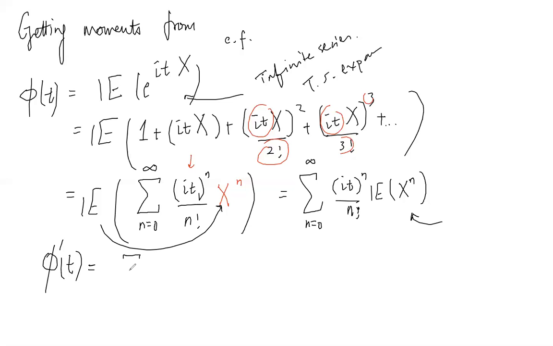You differentiate here, so you will get i, and t to the power of n minus 1. So you get n over n factorial.